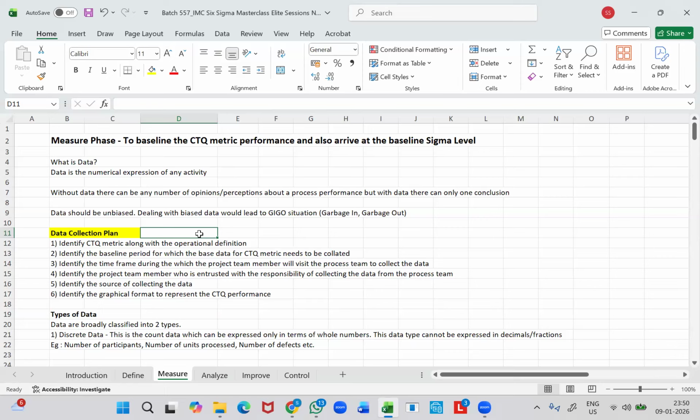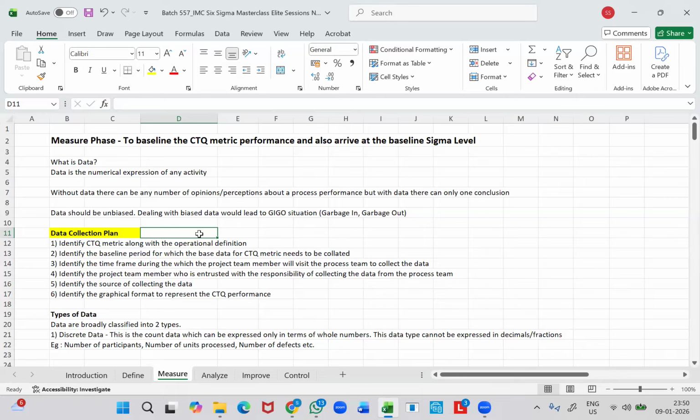So the project lead or the project team members may belong to some other process team, not the same process team where the business problem has been identified. That being the case, it would be very difficult for the process team lead to hand over the data to the project team representative without proper approval, because data is supposed to be confidential information.